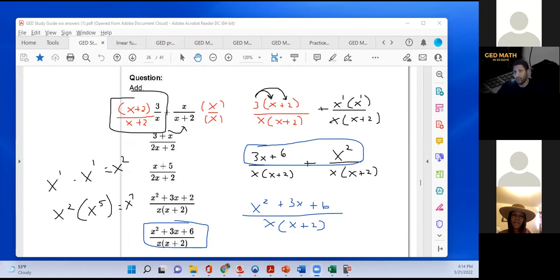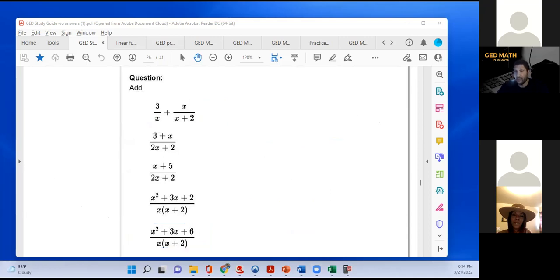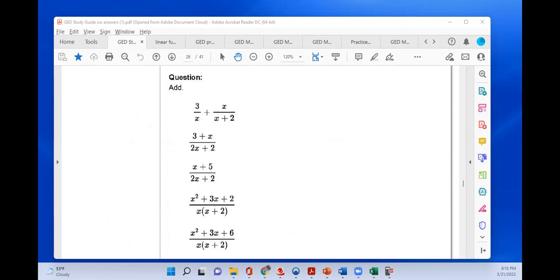So let's give an example. Let me get another example and let's see if I can find it. I think it's right here. No, that's not it. That is not it. Hold on. Let me find it. Matter of fact, I'll write it out.